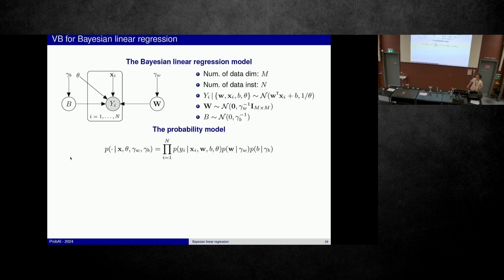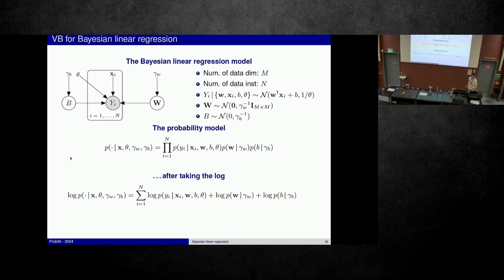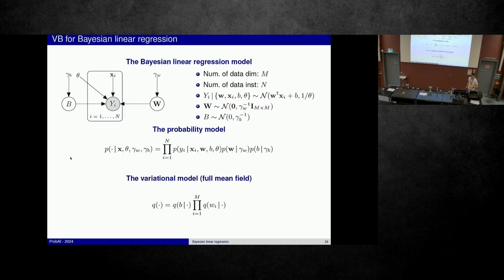This model then defines or implies a factorization form that we have here. And after taking the log, we have this expression that we're also going to use when we do our updating rules. And we can also specify our variational distribution, again assuming a mean field factorization.